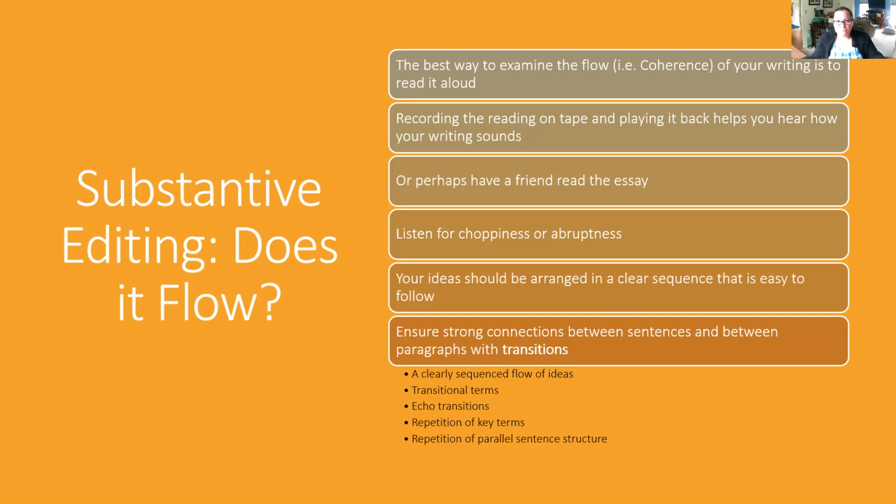Repetition of key terms, repetition of parallel structure, those are all things that can help create coherence as well. Parallel structure is when I say something like, this is a very small example. If I say something like, last weekend I went jogging, swimming, and on a hike.